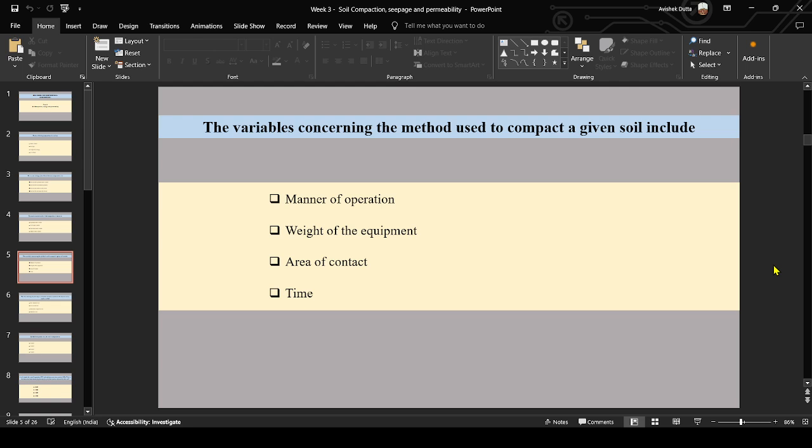The variables concerning the method used to compact a given soil include. This is again a multiple select question. The options are: manner of operation, weight of the equipment, area of contact, or time.